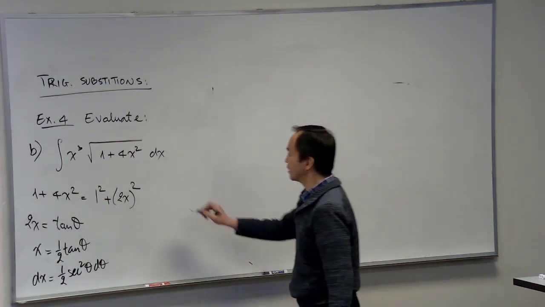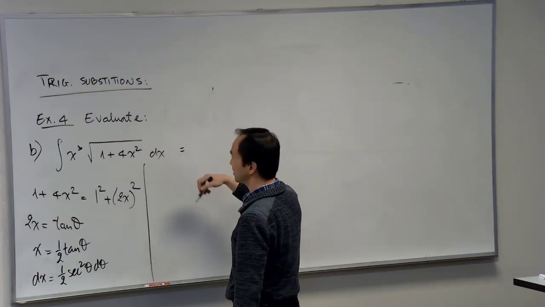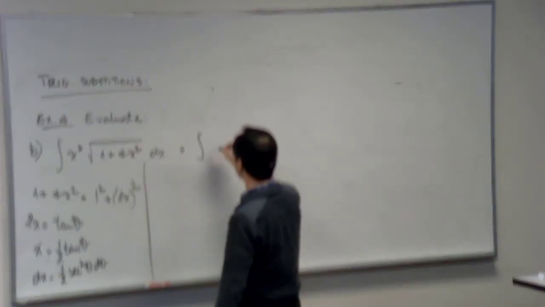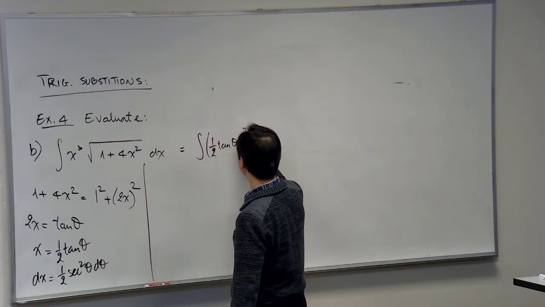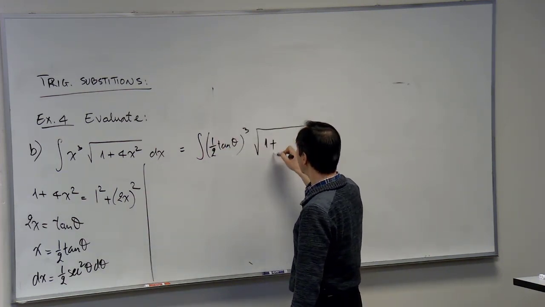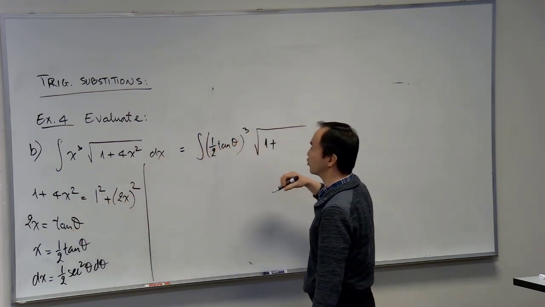Okay. And so now the integral is ready, right? So the x here is substituted by 1/2 tangent. So now that becomes 1/2 tangent theta all cubed, right? And I'm multiplying with the square root expression. And then we have 1 plus, and then the 4x squared here is substituted by tangent squared, right?